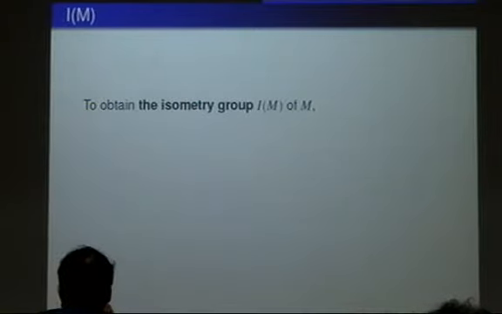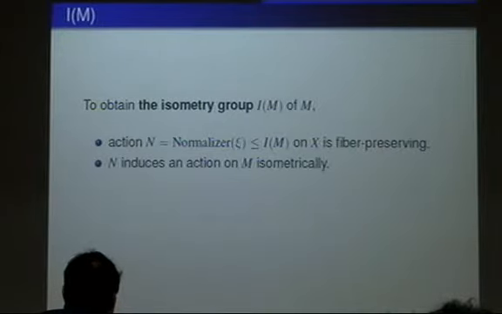Now, how can we get the isometry subgroup of the base orbit surface? Let's consider the normalizer of the one-dimensional subgroup psi, which acts on X in a way that preserves the fiber and induces an action on M isometrically.